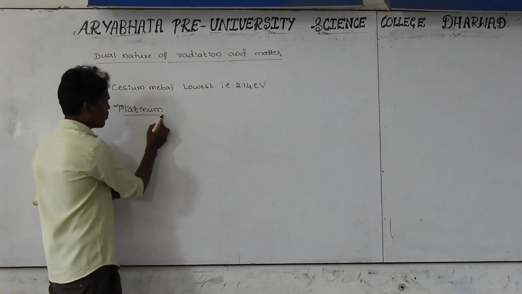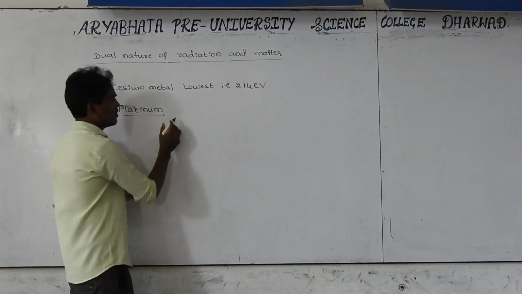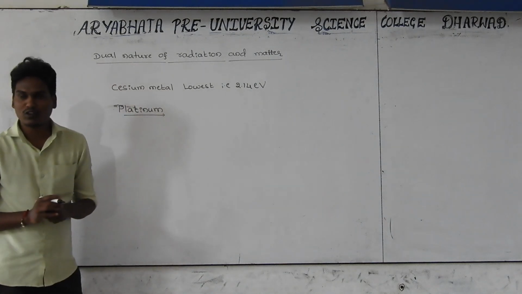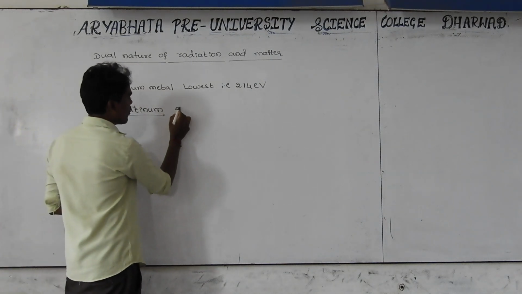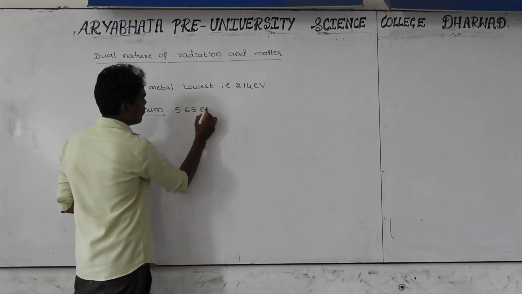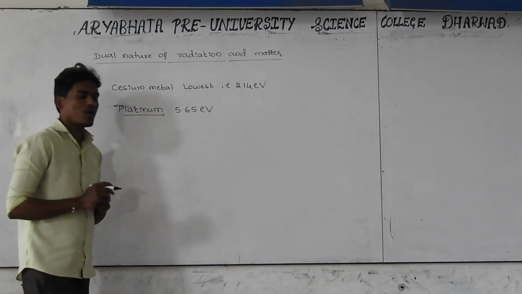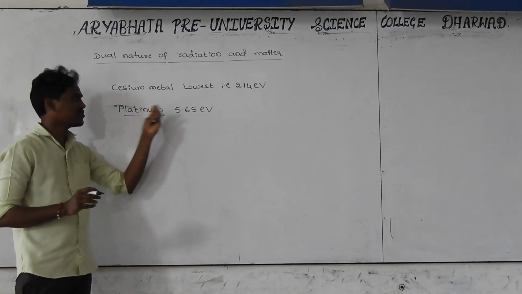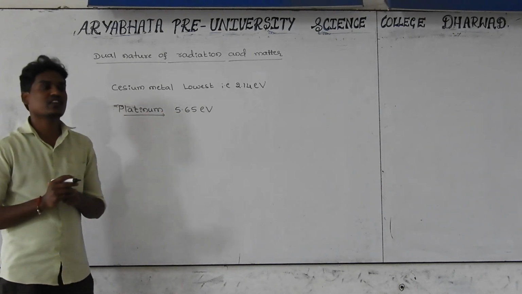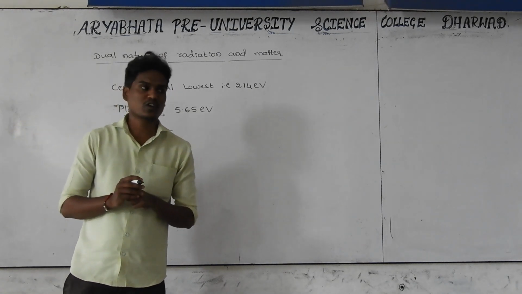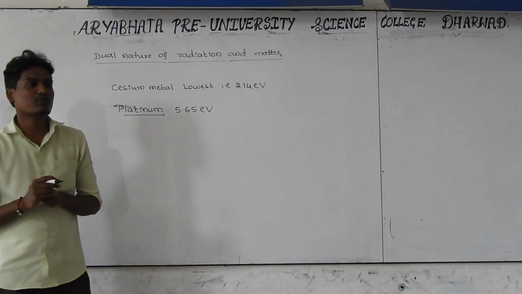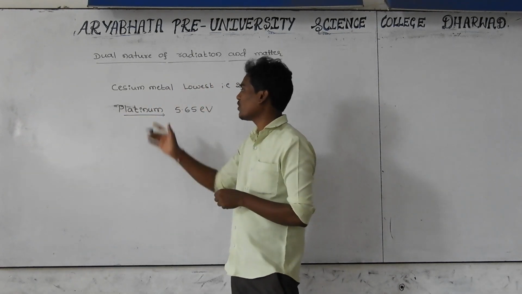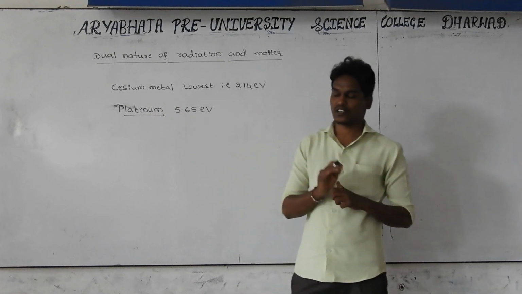In terms of electron volt, that is 5.65 electron volt. Among all the metals, the work function for platinum is highest and that of cesium is lowest, because depending upon the chemical properties of the metal, the work function is not the same for all the metals.